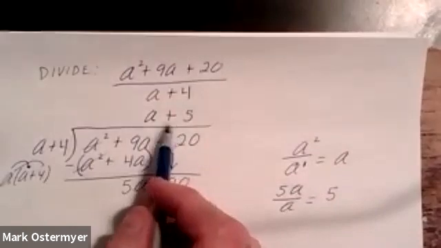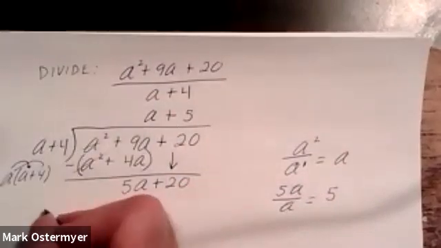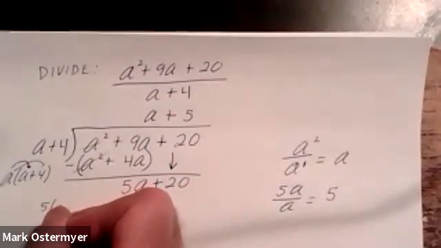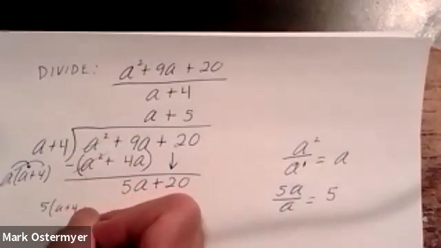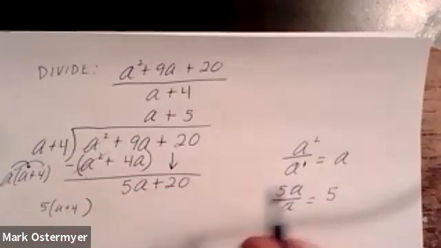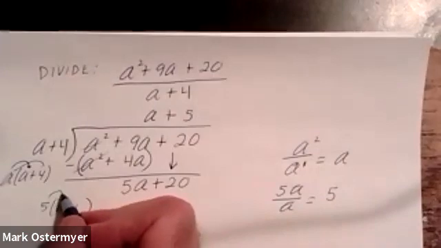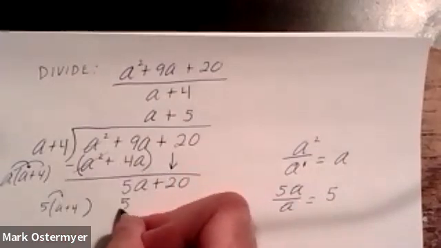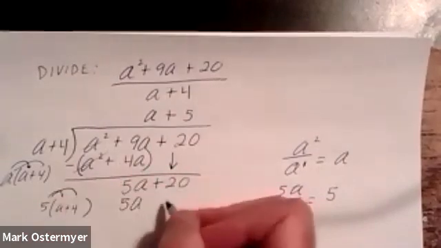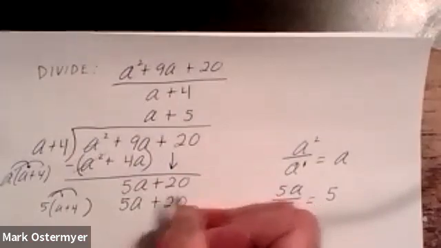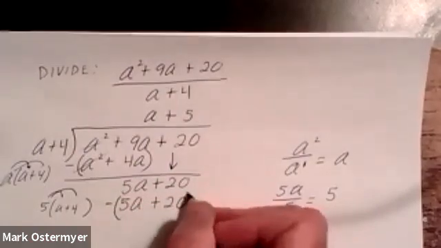We're going to take 5 and multiply it by this divisor. 5 times a, 5a. 5 times 4, plus 20. Subtract off the whole polynomial.